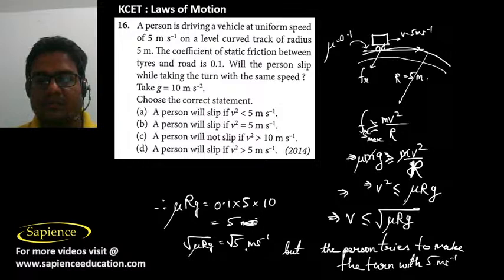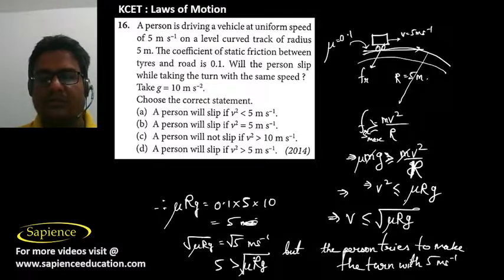So 5 is obviously more than square root of mu rg, which is root 5. 5 is more than root 5. So it means that the person will slip.